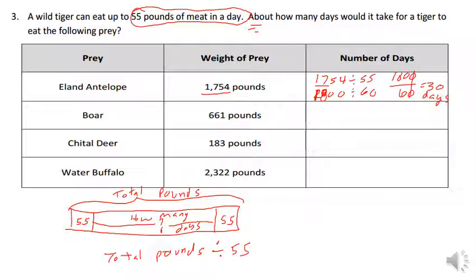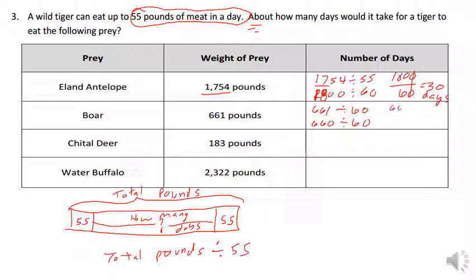On the next one, we have 661 divided by, we know this is automatically going to be 60 because we rounded 55. Now, if I round this to 700, that's not going to be a multiple of 6. But I can see 66 would be. So I'm going to round this to 660 divided by 60.